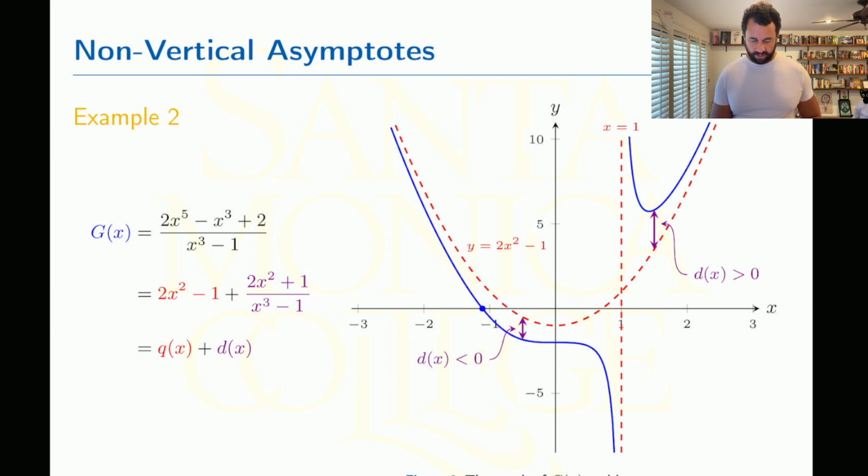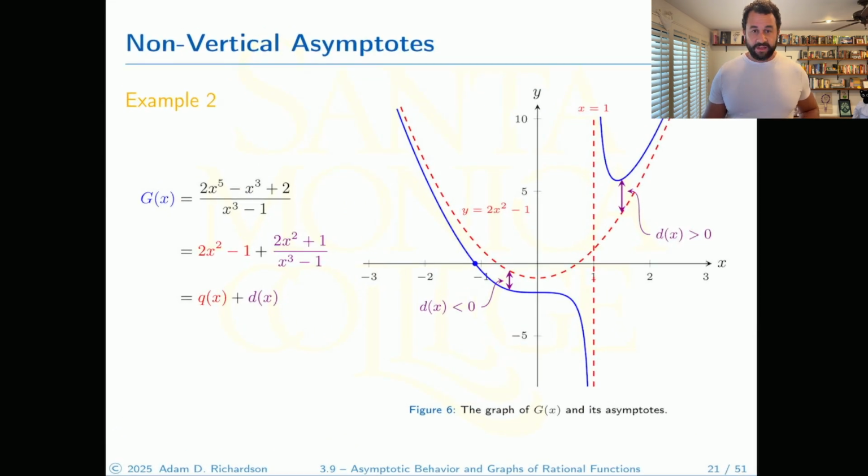That's going to be positive, 2 cubed minus 1 is positive, the whole thing is positive, d of x is positive, my graph is above the asymptote. That's it, right? Now do it for something that's less than 1. If I pick something smaller than 1, maybe even 0, that's going to be 0, positive, 0, negative, it's negative. So d of x is negative, which means we're below that polynomial asymptote. Super cool stuff.